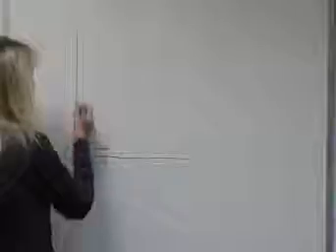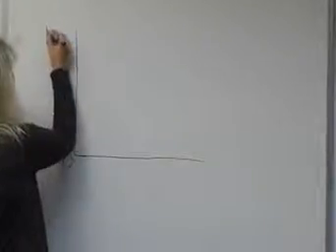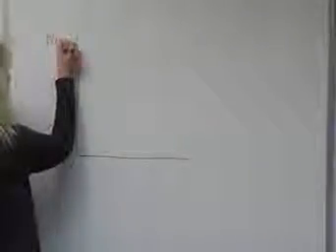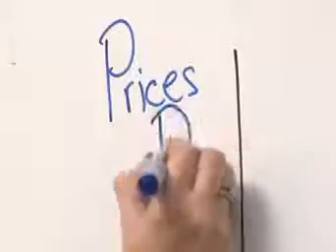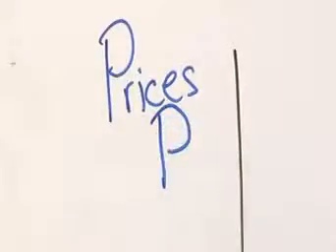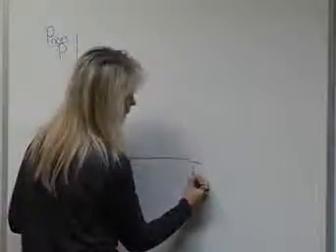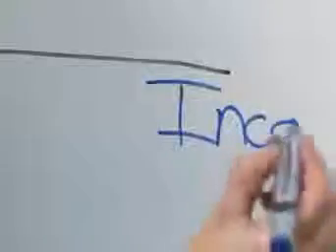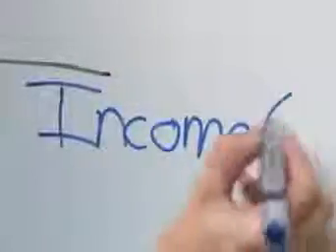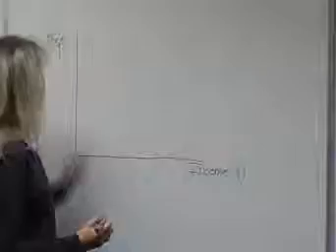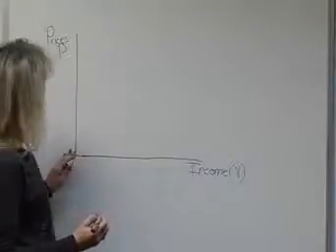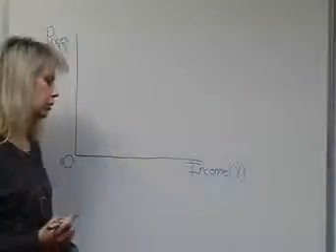So we know on the vertical axis we show prices, and you can just abbreviate it as P, and on the horizontal axis we show the income level. Use a Y to depict that. So prices on the vertical axis, income on the horizontal axis.